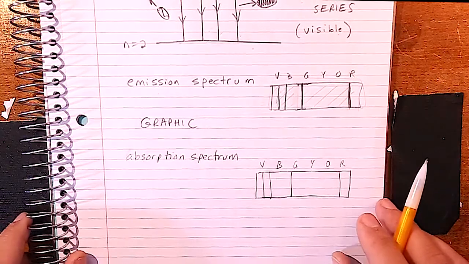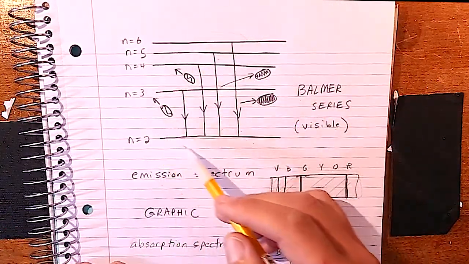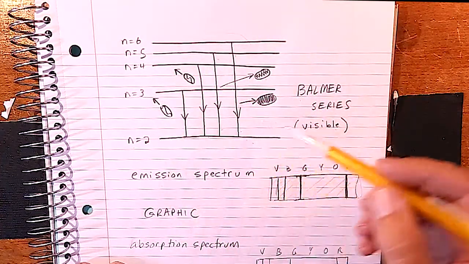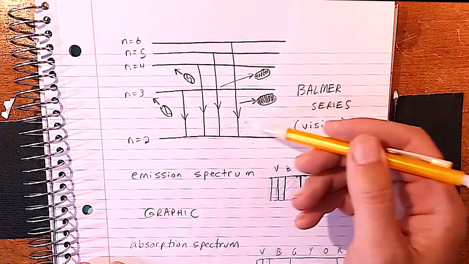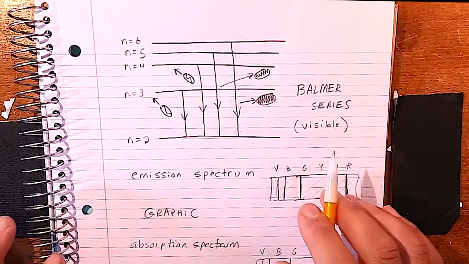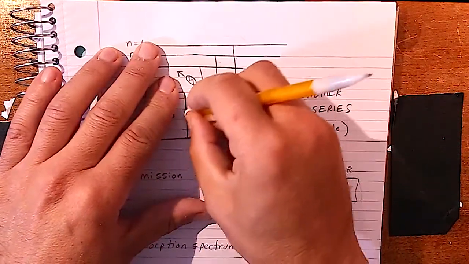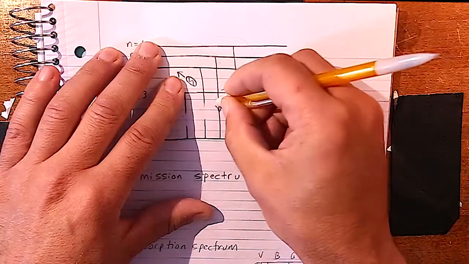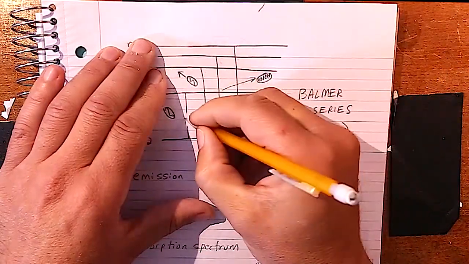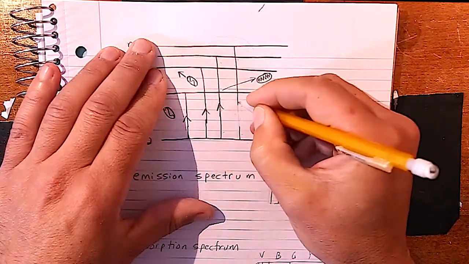If we do the opposite of this, if instead we take a cool gas, we take hydrogen and it's cool, and we hit it with all the different colors of light, so we hit it with the full spectrum of the rainbow, instead of these all jumping down, they would all jump up. And these jumps up produce something called an absorption spectrum.